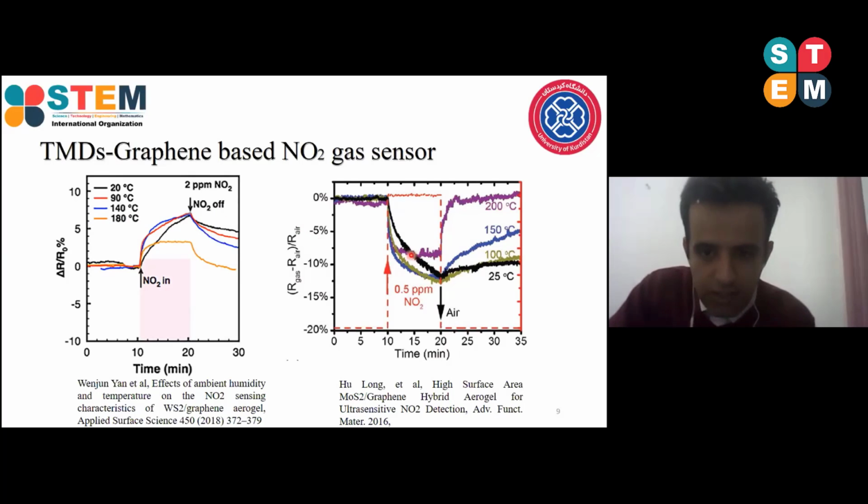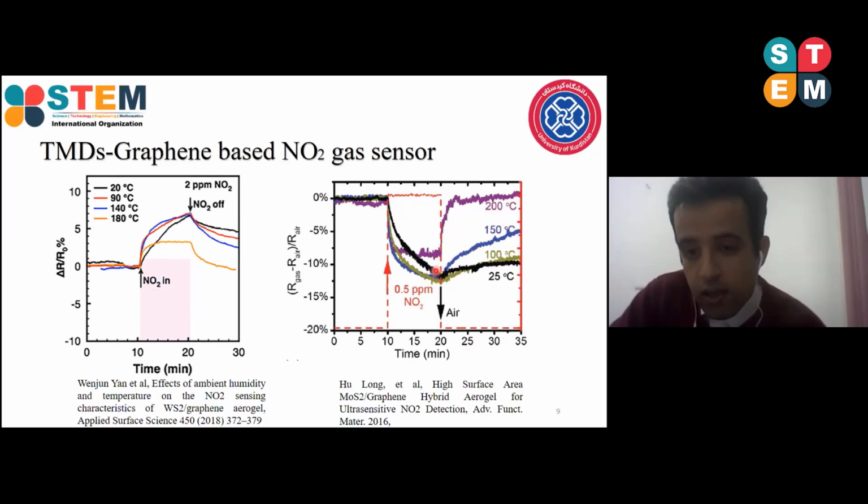And here is another report, an MoS2 graphene sensor. As you see, they also use a higher temperature. At a higher temperature, a better recovery time can be seen. But the problem is that when we heat up the sensor, we lose the sensitivity compared with room temperature.